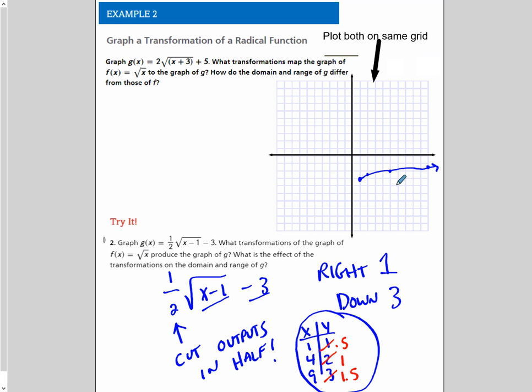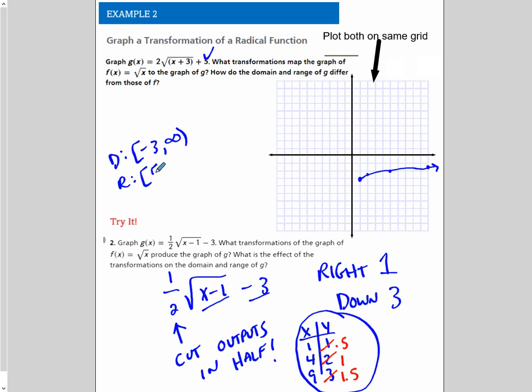I forgot to mention, they did ask us about domain and range here. The domain for the first one is only affected by the translation. Since it went left 3, the domain would be -3 to infinity. And since it moved up 5, the range would go from 5 to infinity. That's for the original example.